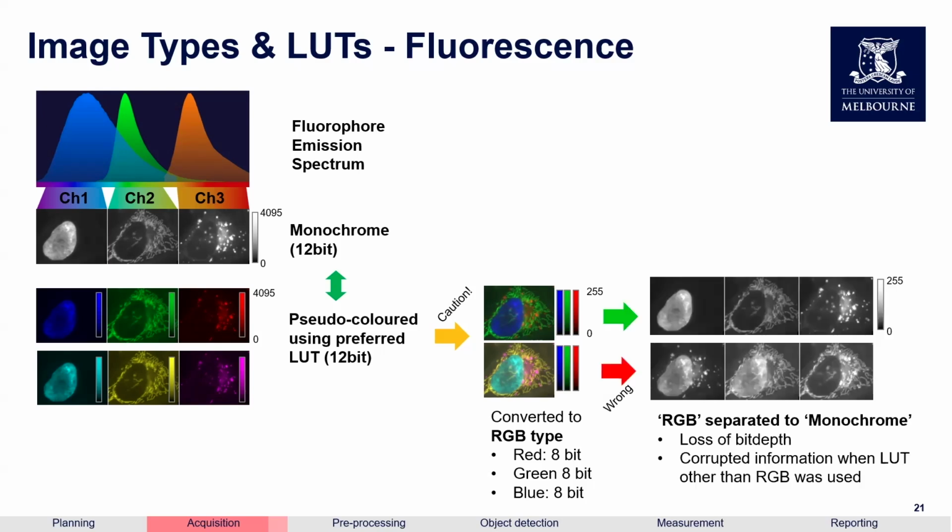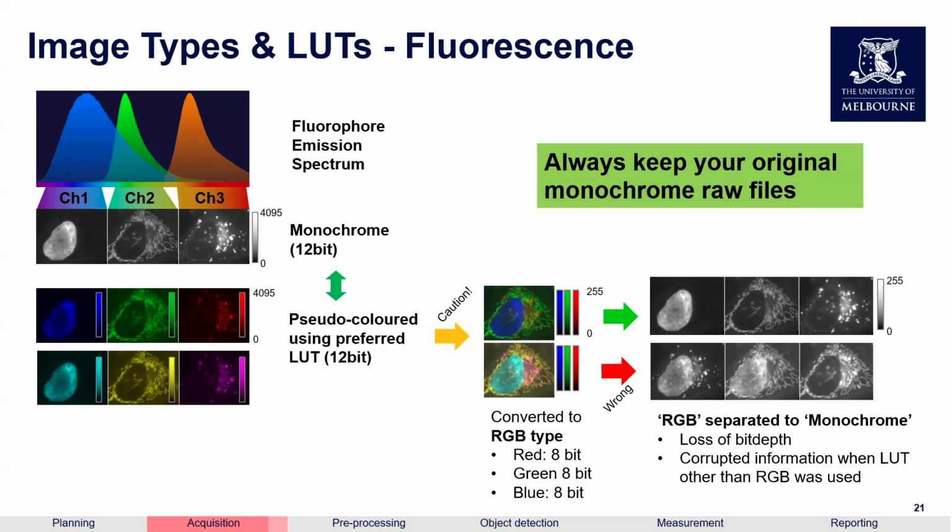And then when we try to split the RGB type back to the individual channels, the image with an RGB LUT becomes reduced in bit depth. And also, if a non-RGB LUT was used, such as yellow or cyan, then the information is completely corrupted and cannot be recovered.